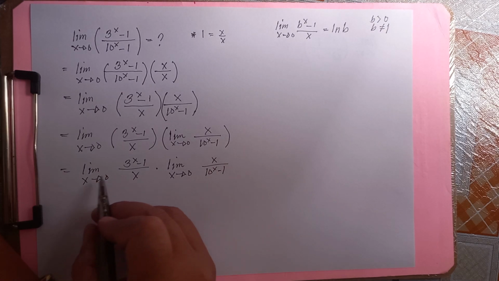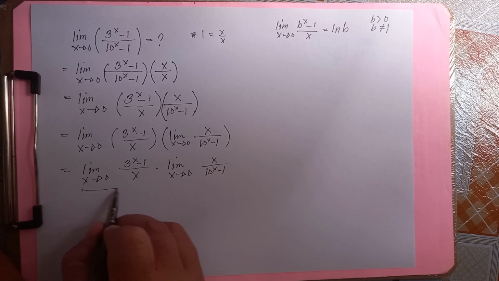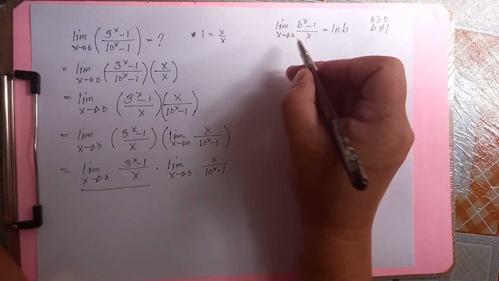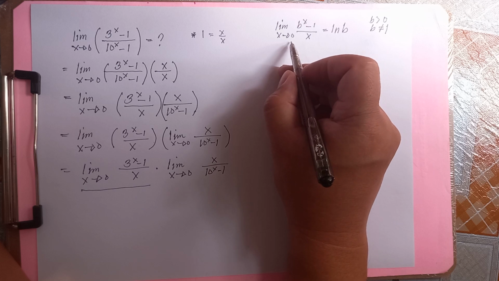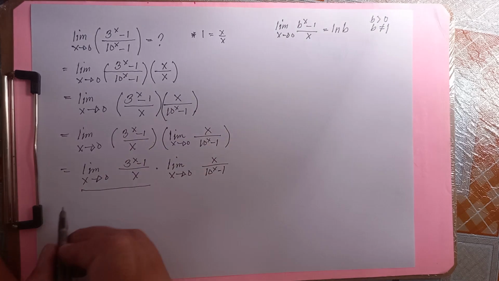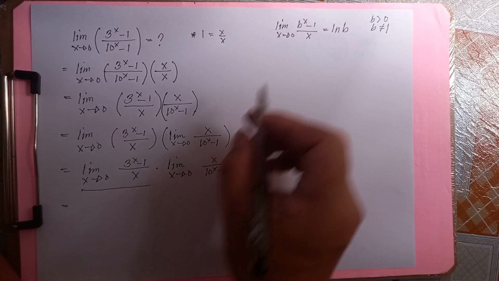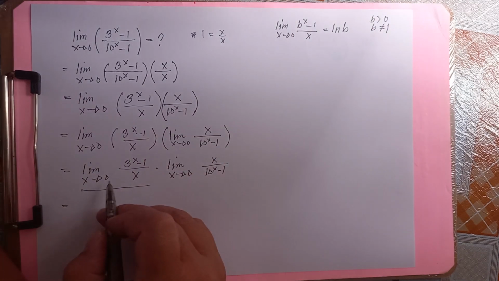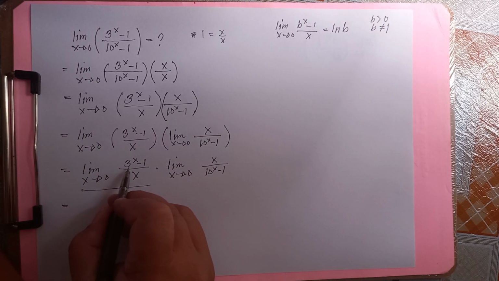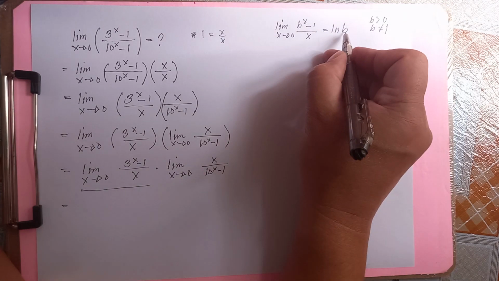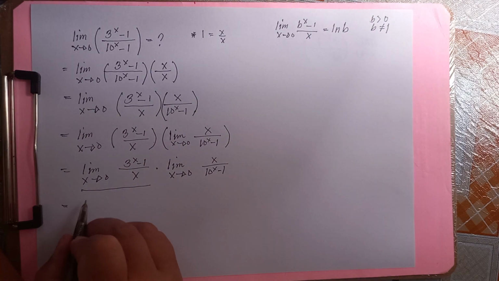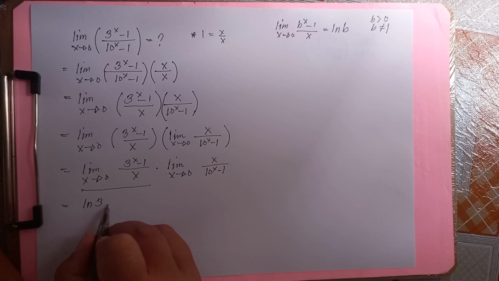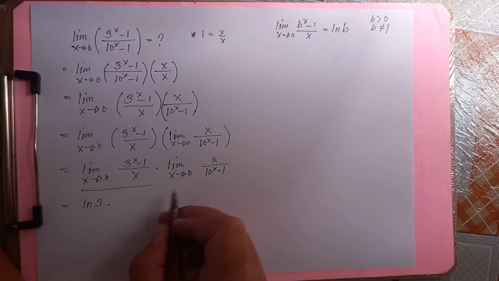Now notice that this statement is the same as this one, the same as the theorem. If that is the case, we can say that the result of this one is the natural log of 3, which is the b. So that is 3 multiplied by, what about this one?